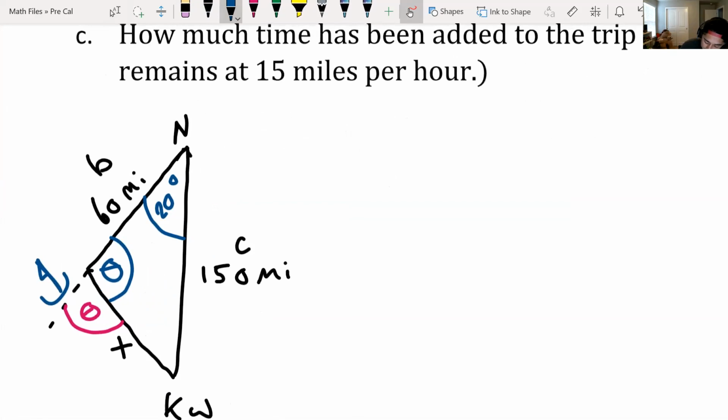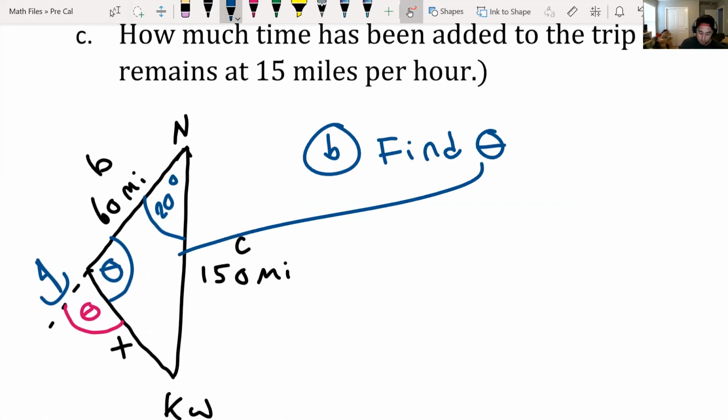We're gonna say, for B, find theta, right? We're looking for this theta. To find that theta, if the side is C, we can also consider this angle as big C, just to relate it to our formulas, right?